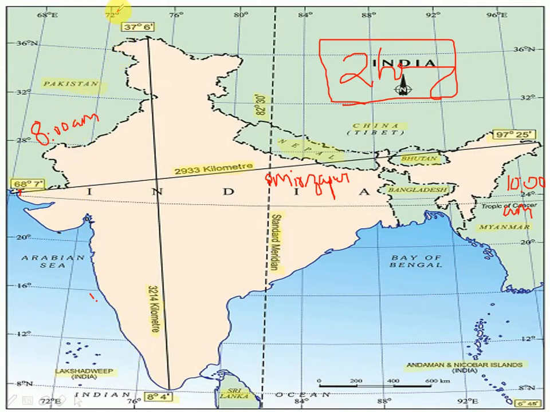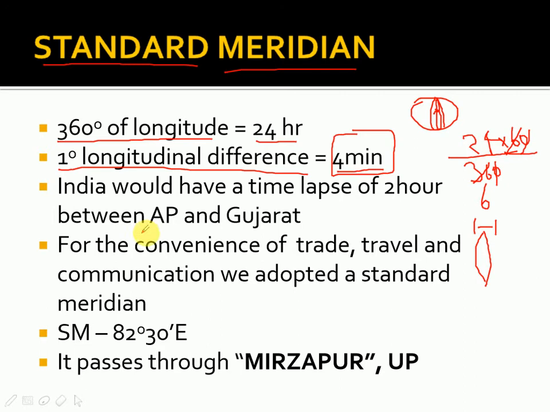starts adopting its local time, then it will be very difficult for trade, commerce and communication to flourish in a country. Okay, so it's very obvious that on the eastern side the time will be faster, and on the westernmost front the time will be quite slow. So this would create a lot of problem nationwide.